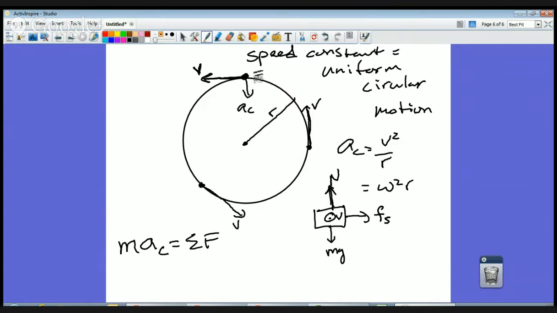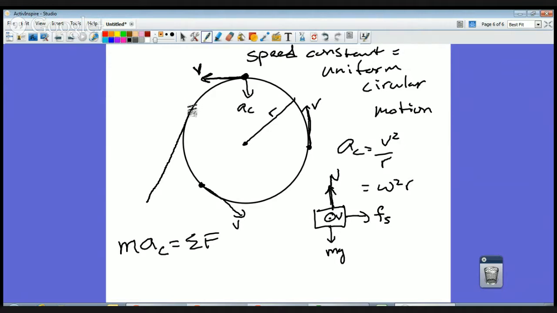So if you think about this car that's driving on the track, it wants to go straight. So it would really like to just go like this in a straight line, but it doesn't. It turns. So the friction always opposes the motion you're trying to have.